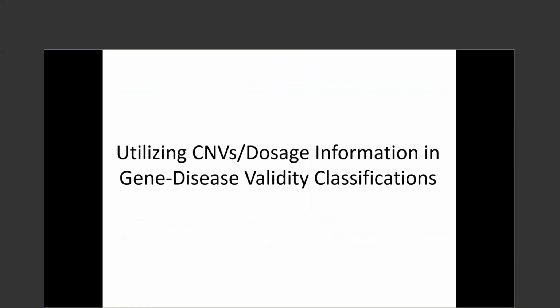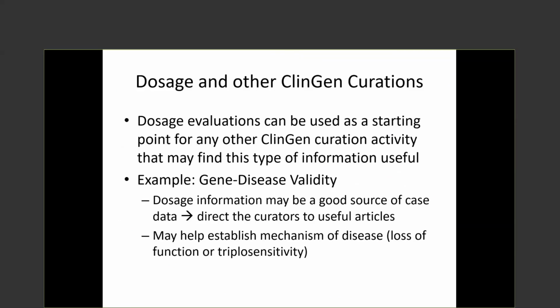So now that I have told you about how the dosage evaluations are done and where you can find them, I want to talk about how they might be used in other ways besides evaluation of copy number variants. So in particular, how you might be able to use them in other ClinGen curations. If a ClinGen curation activity utilizes case-based evidence, so if you're looking for a proband with a plausible variant and the phenotype in question, then you can theoretically use this information that's available on the dosage map.